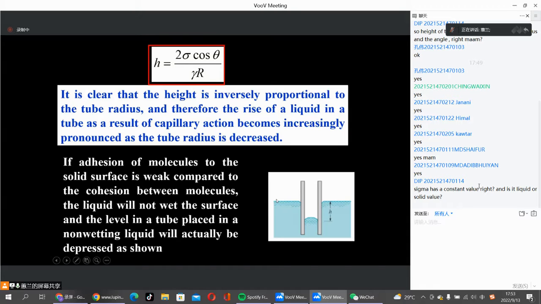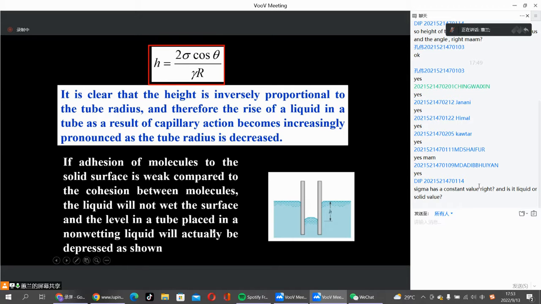So you see here, this non-wetting liquid, instead of rising above the outside level, is compressed.